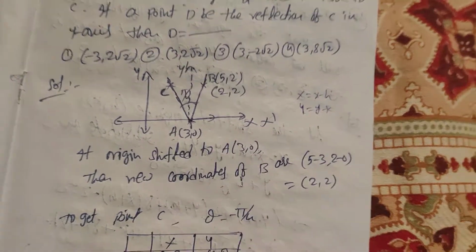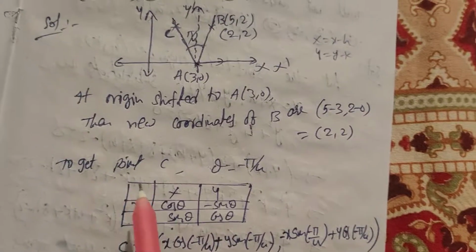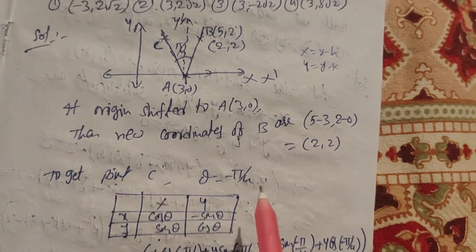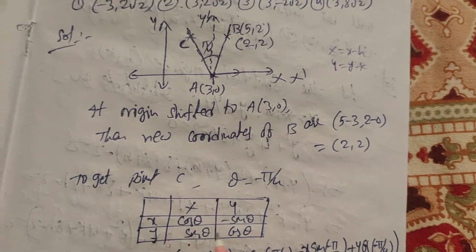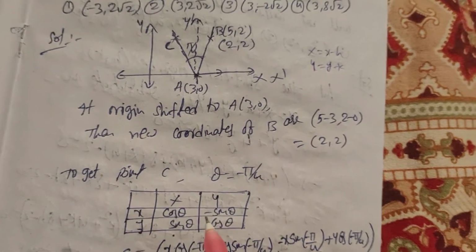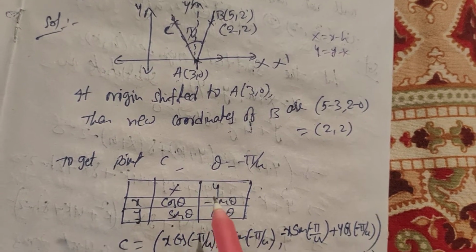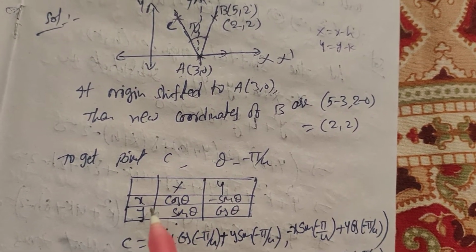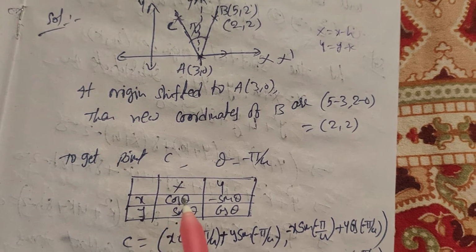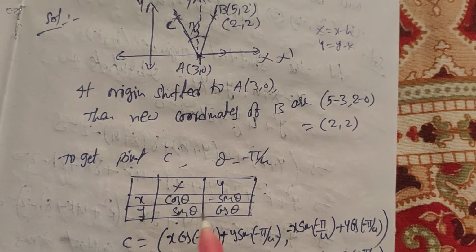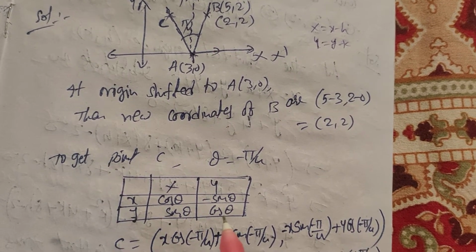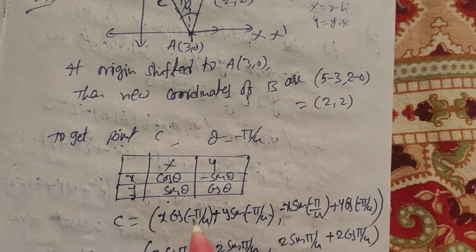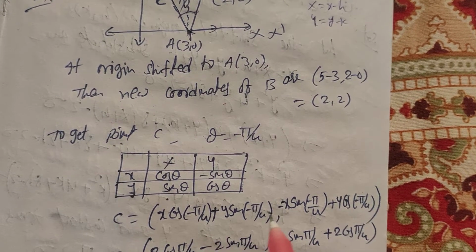See here, to get point C, theta is equal to minus 5/4. The table is: X is cos theta minus sin theta, Y is sin theta cos theta. You use this table to find the new coordinates, capital X, Y, which is nothing but point C: X cos theta plus Y sin theta and minus X sin theta plus Y cos theta. Here theta is equal to minus 5/4, so take minus 5/4 in place of theta.